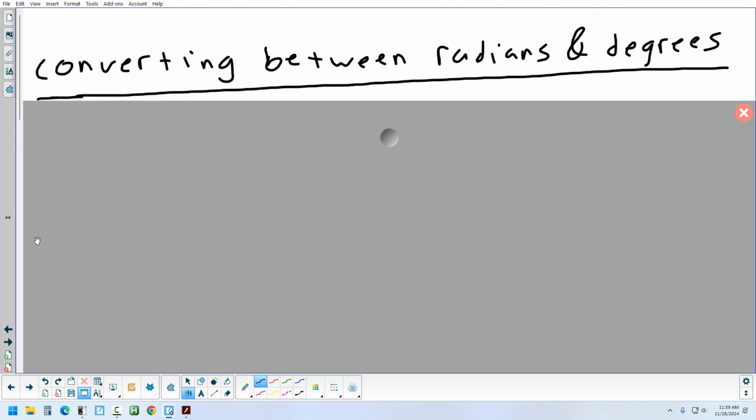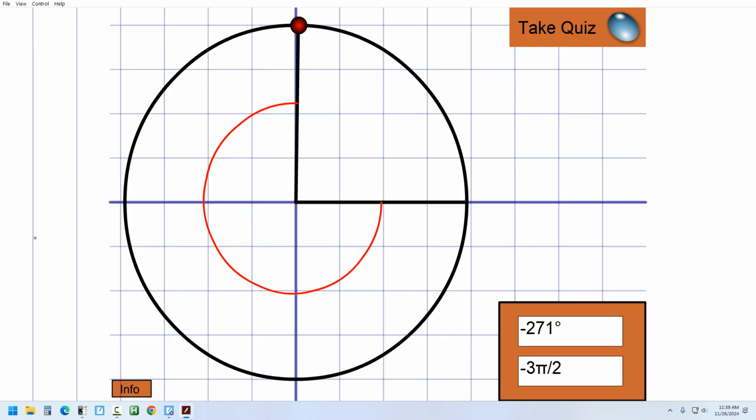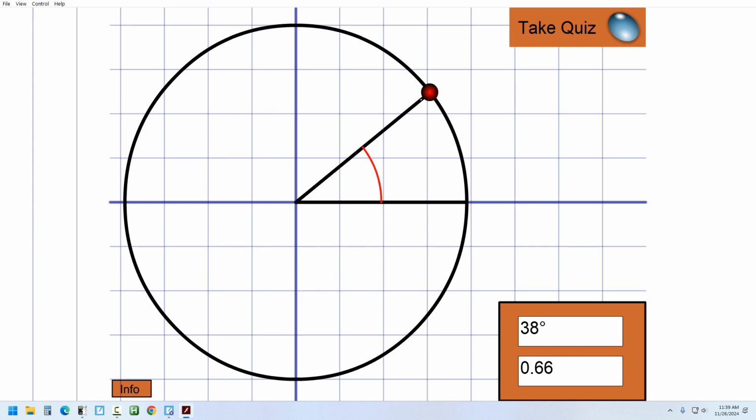So now, how do we convert between radians and degrees? Earlier, when I brought up this picture, I asked about this bottom number.